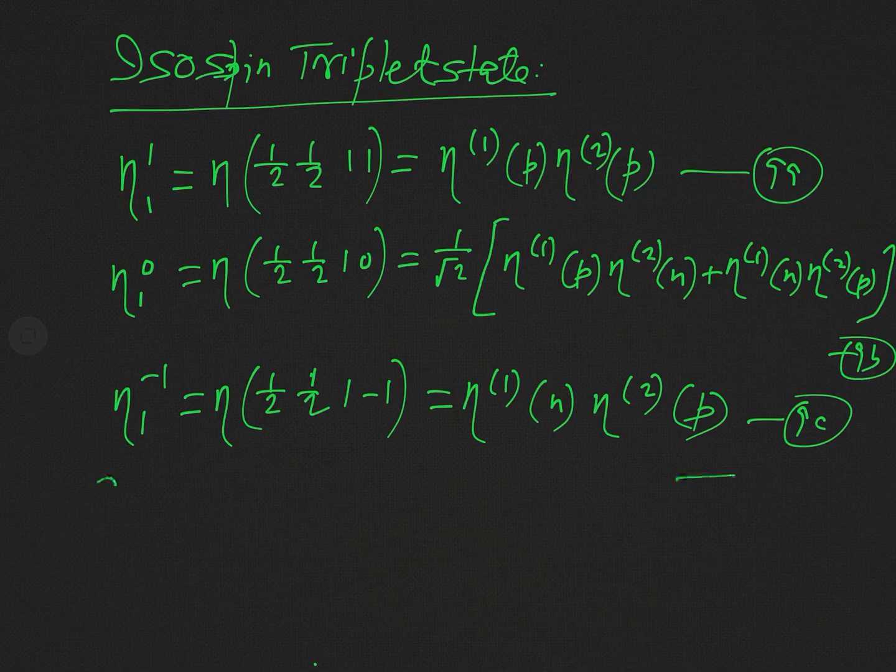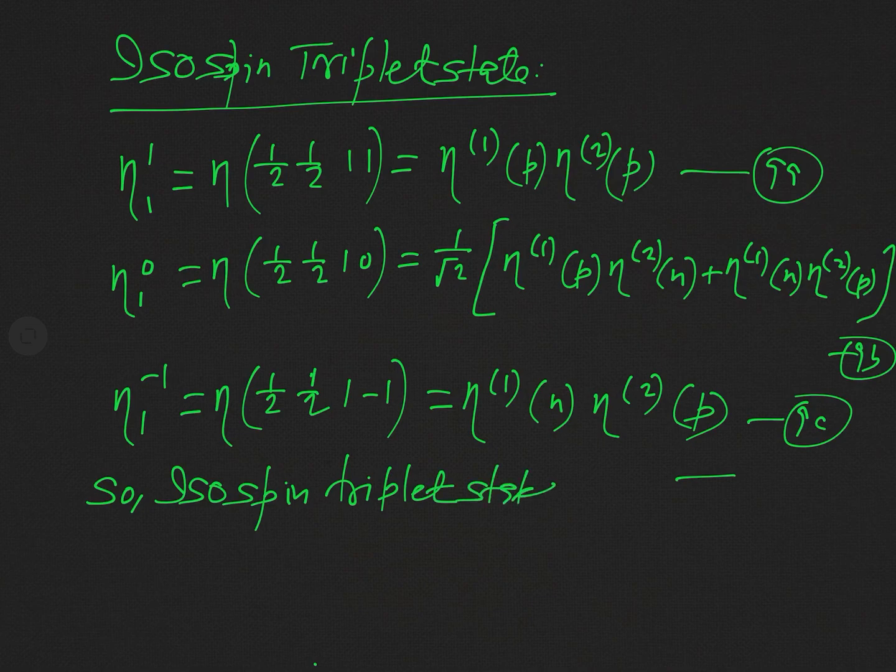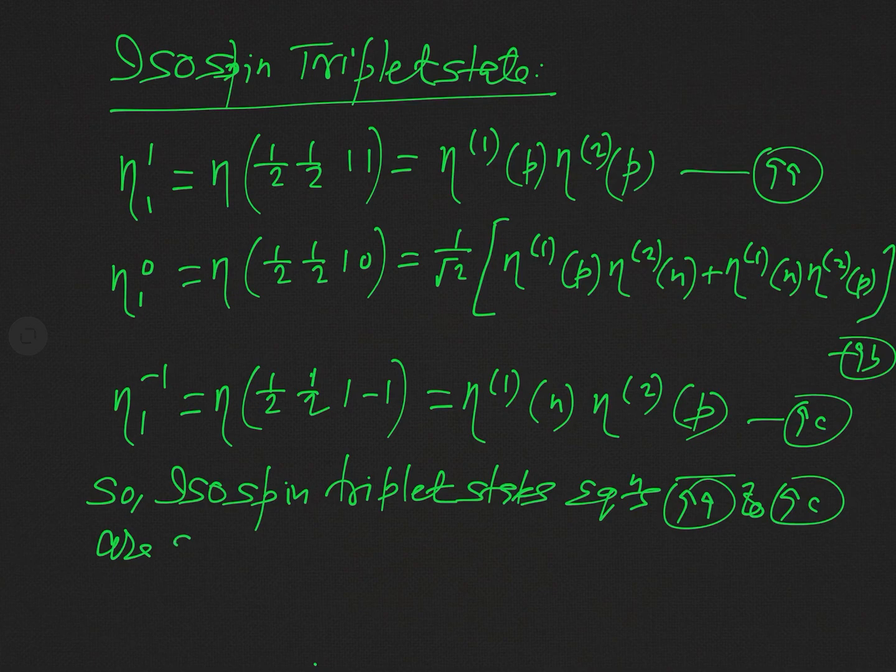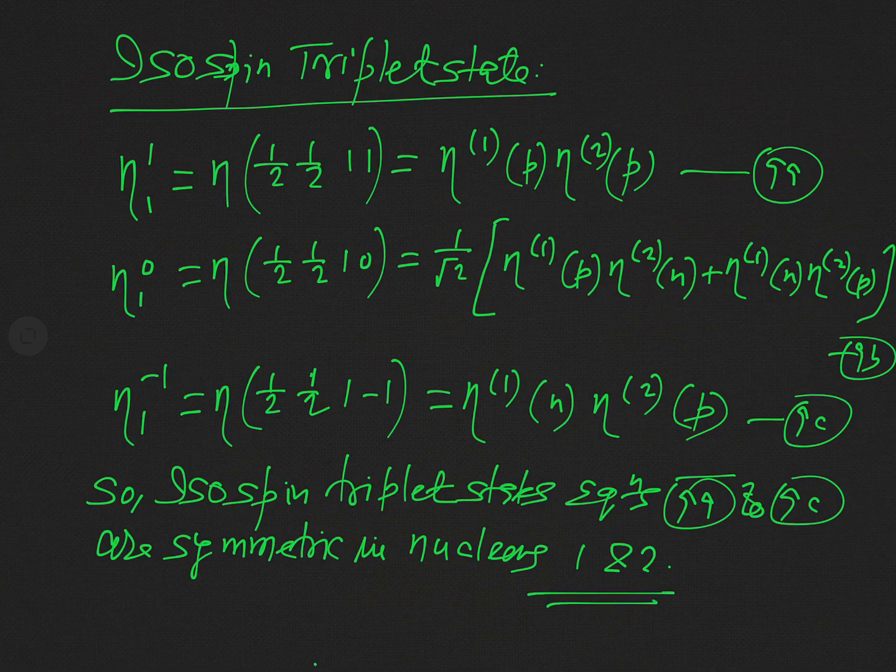So you can see that the isospin triplet states, equations 9a to 9c, are symmetric in nucleons 1 and 2.